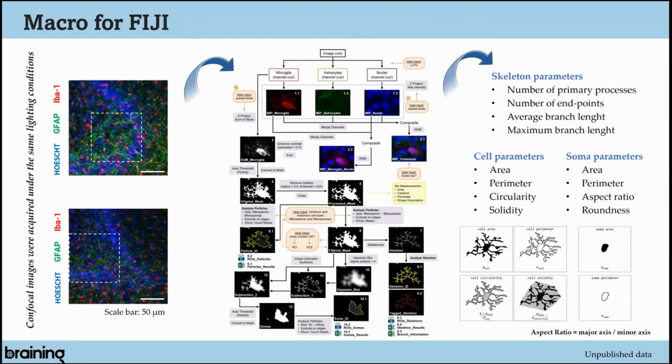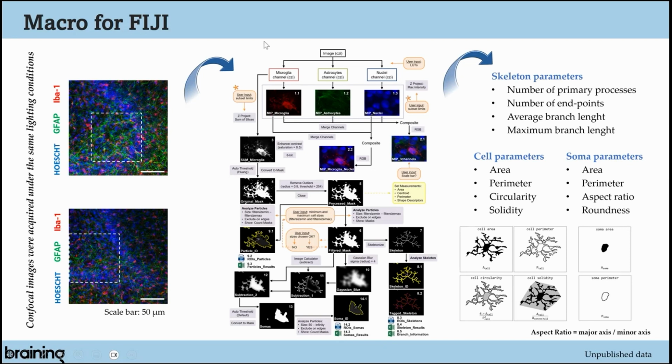And so there was this biomedical engineer student that did the master's with me, Anna, that created a macro for Fiji that allows calculating several parameters from the skeleton of the microglia, from the cell itself, and from the soma. Basically, the macro receives the immunohistochemistry images that we obtained in the confocal.